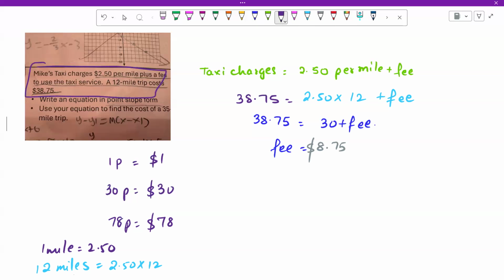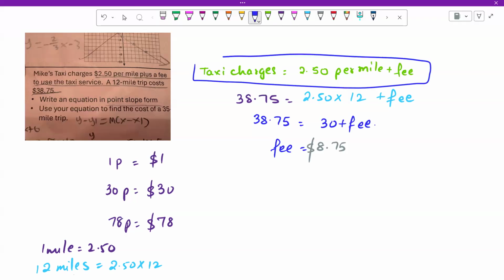Now, write an equation in the slope form. So over here, they are clearly giving in the first line that taxi charges are equal to $2.50 per mile plus some fee. So taxi charges are something that will change every time, correct? Can we call it a variable y? And $2.50 is always going to be there per mile.